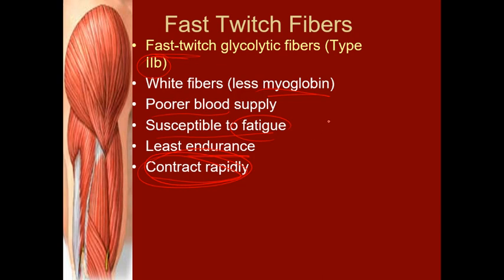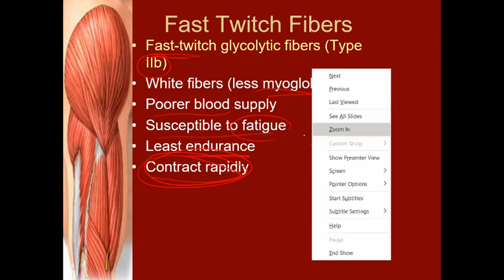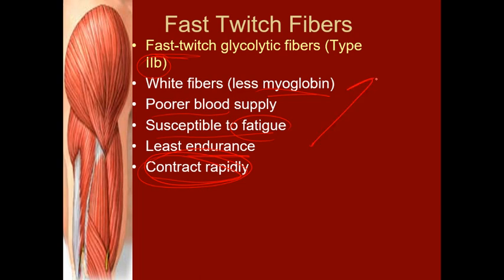When the energy and the force are there, they go from 0 to 100 in a very short time, whereas the slow twitch is going to take a little longer to get there. They can get there, but they can sustain a lot longer. These guys use that energy and then plummet really fast, but they're really good.